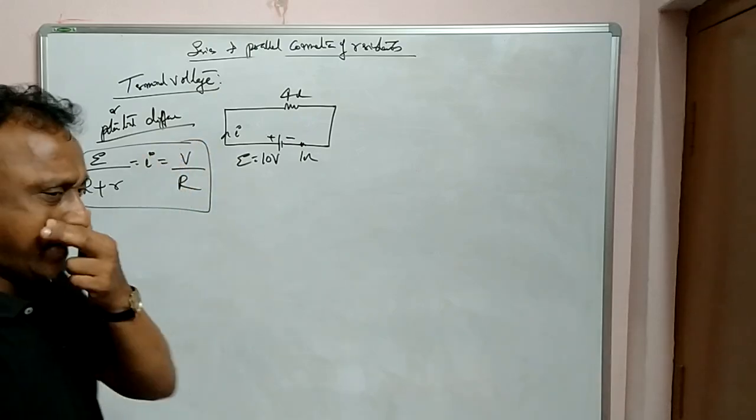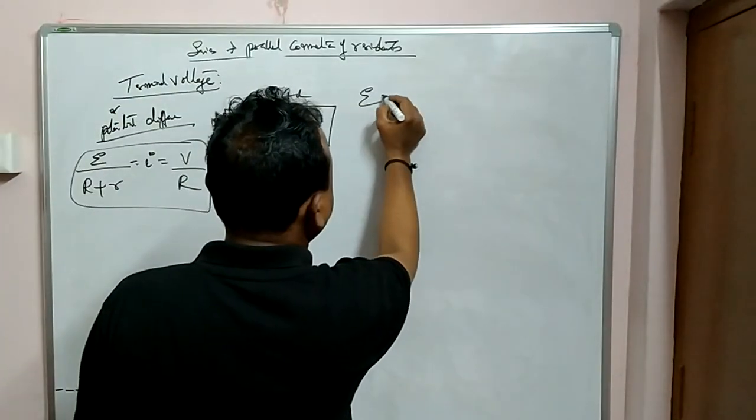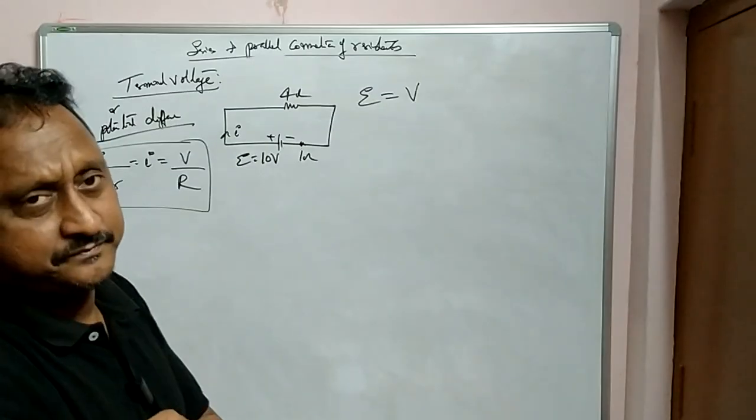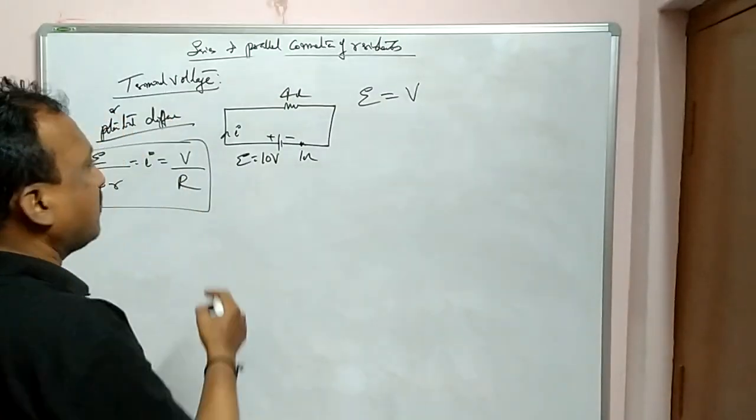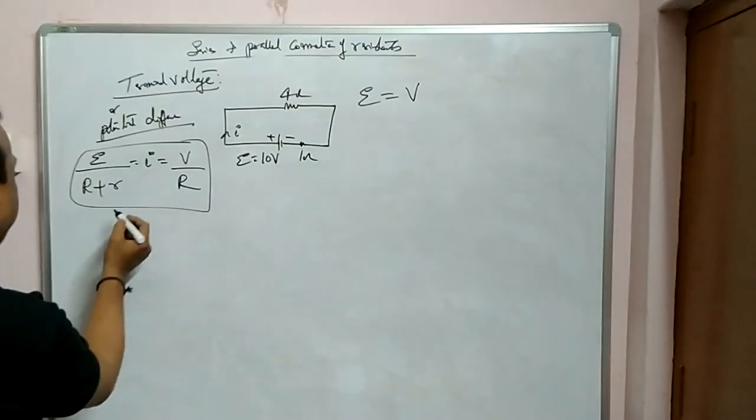Now here you have to make a note, when E is equal to V, and when E is greater than V. For example, we have a relation here, you can observe carefully.